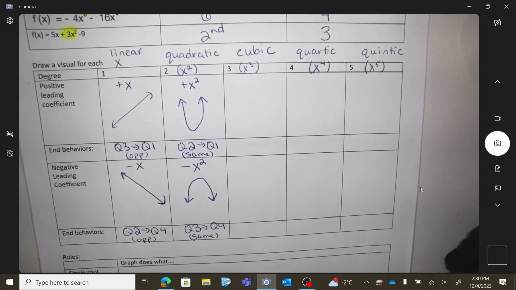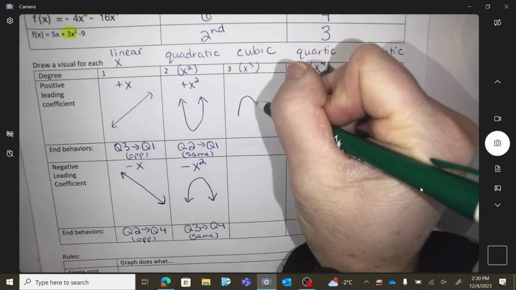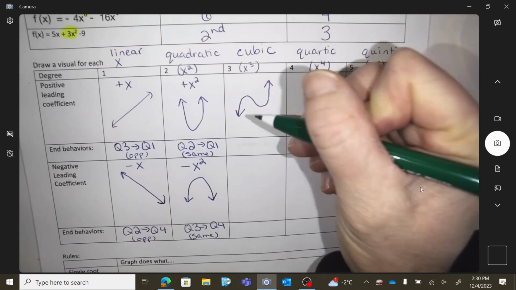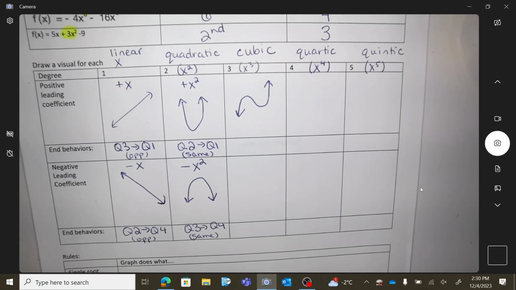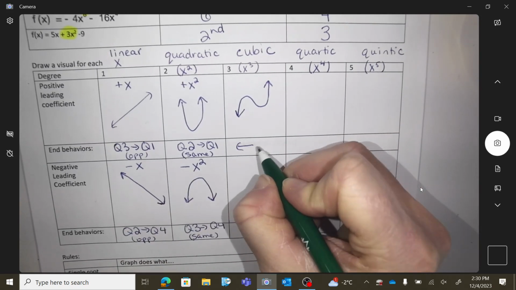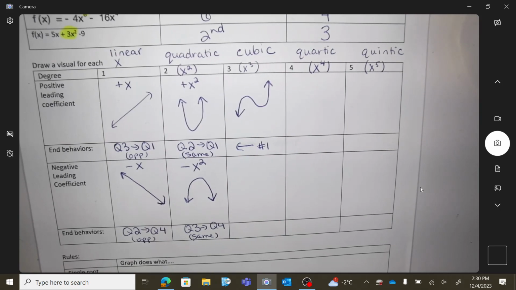Okay, cubic. Now our shape is going to be a letter N. Are we okay to state it's the same as number 1? Would that make sense to you? Right, the arrows are doing the same thing as number 1.